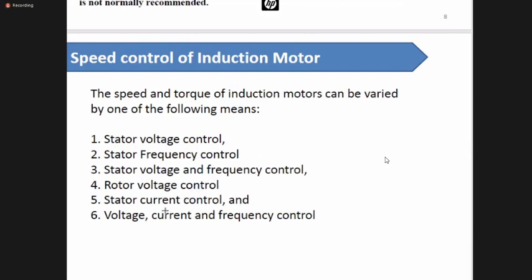Then rotor voltage control, stator current control, and voltage, current and frequency control. So there are many different approaches. Now we'll go through these three approaches: 1, 2, and 4. How do they actually work and control the speed of the induction motor?